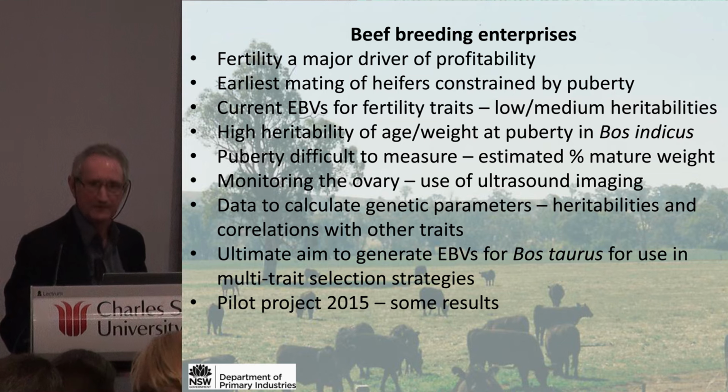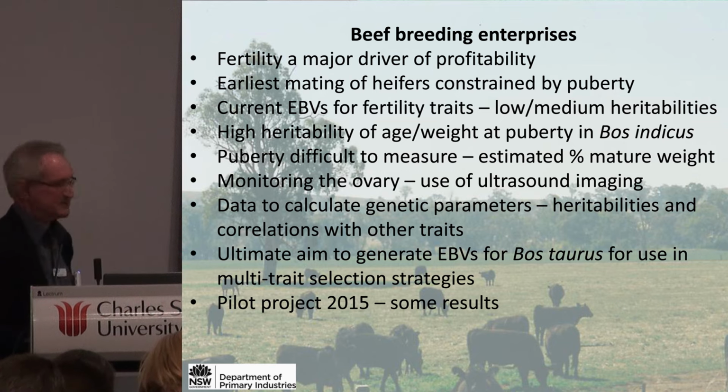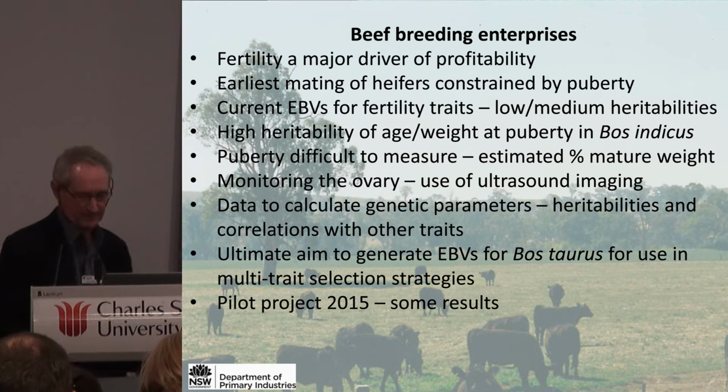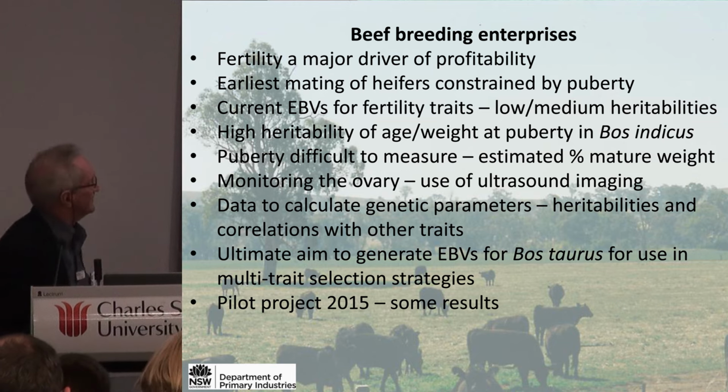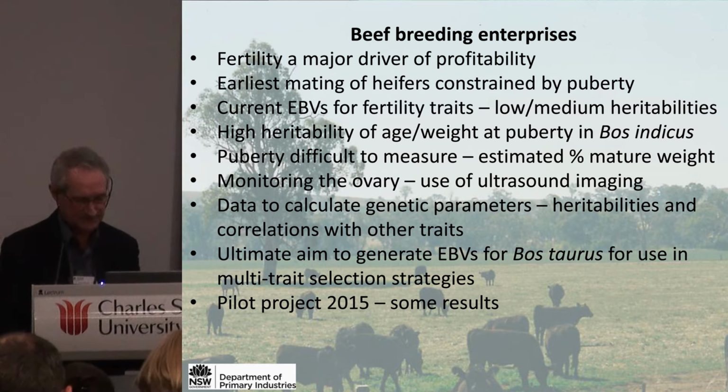We've got very scant information on Bos taurus types, and that's what we're going to go about getting. The ultimate aim, of course, is to generate an EBV that can add to the suite of EBVs currently available to beef producers. So I'll tell you a little bit about the pilot project that we started last year, and if we've got time we might have a quick look at some results.